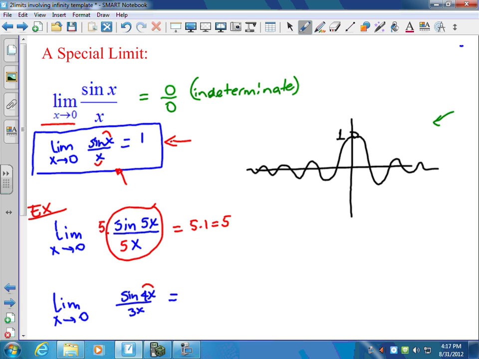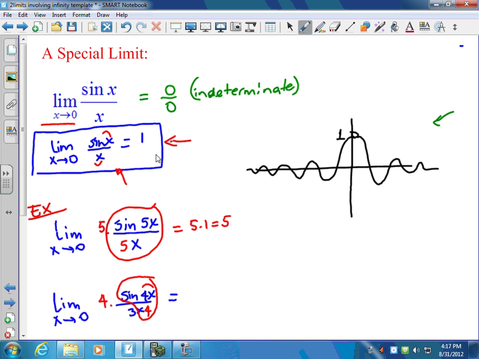So there's a 4x up at the top. I need a 4x at the bottom, so multiply the bottom by 4, but if you do that, you have to multiply the top by 4. And now you have sine 4x over 4x. It can be grouped together, and that quantity will go to 1.